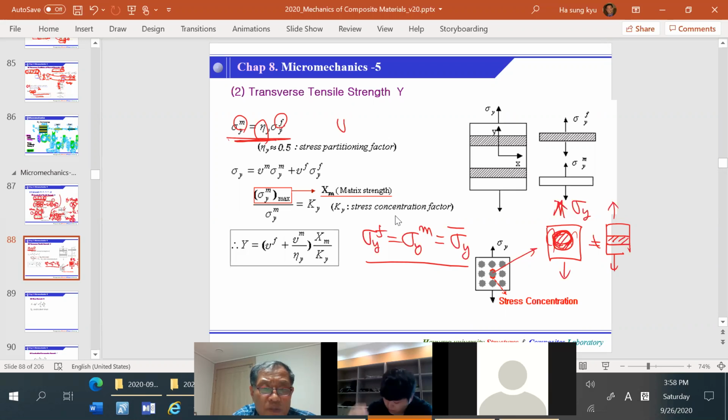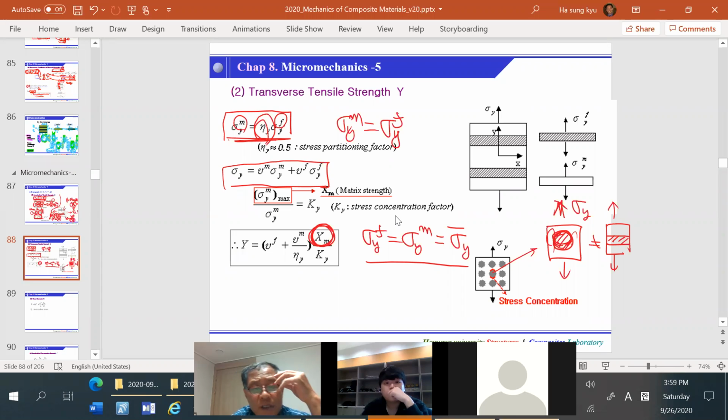So previously we just assumed that sigma y equals sigma y, but more accurately, it's better to introduce a stress partitioning factor, and using the rule of mixture, then we can calculate, I mean, using this one and that one, when the resin reaches a certain amount, this is the yield strength of the resin, then this is the transverse strength.